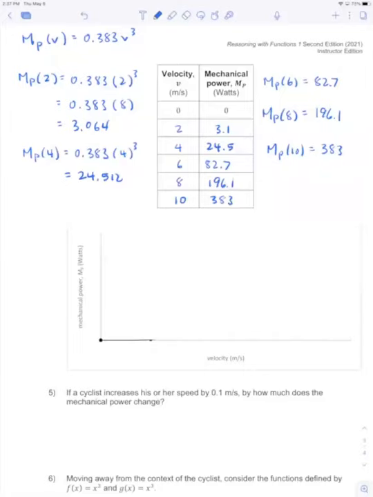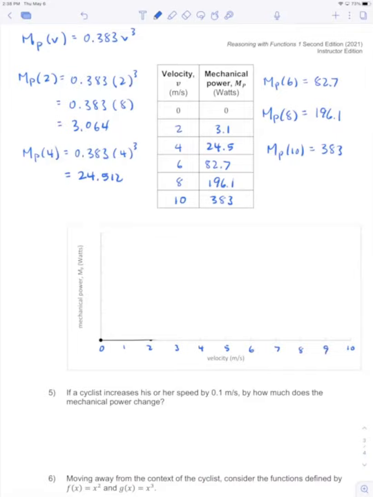All right, so let's go ahead and start plotting these points. If we start at 0 on the horizontal axis and I plot my velocity, we're going to go from 0 up to 10. So there's my 10. And let's see, we'll have 1, 2, 3, 4, 5, 6, 7, 8, 9, and we already wrote 10.